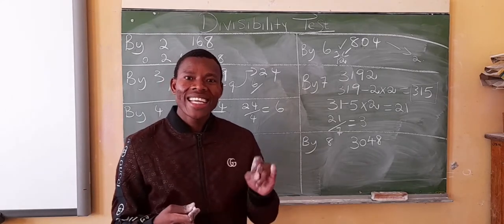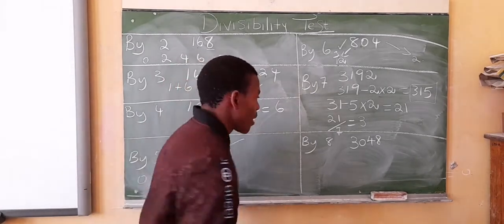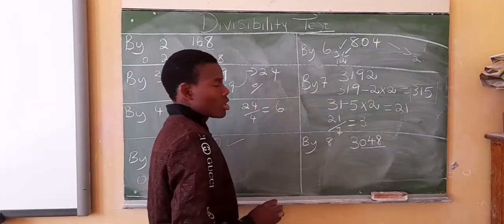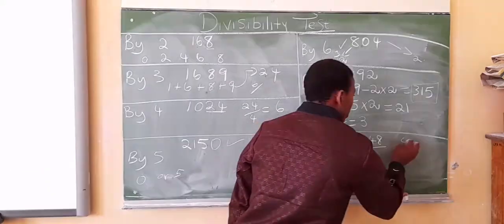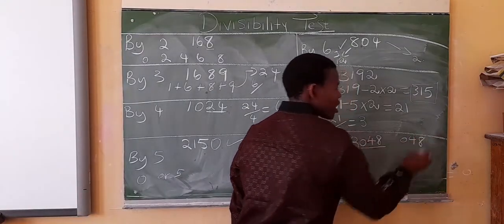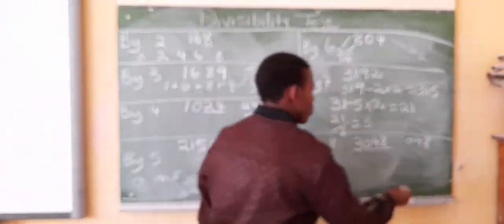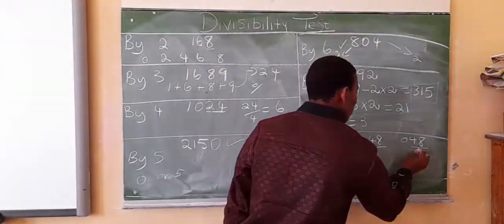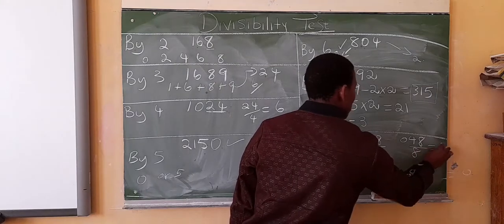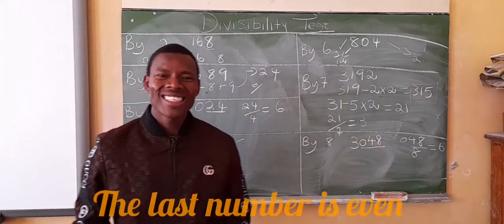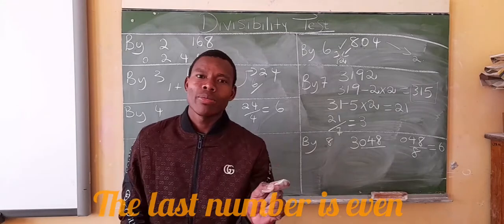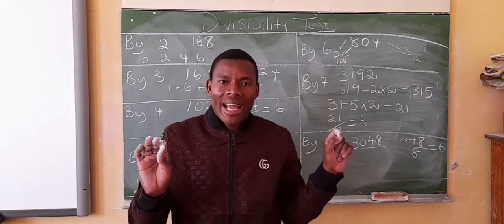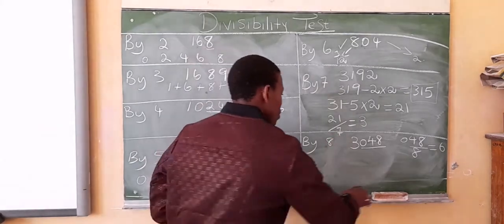Our last 3 digits are 048, which is the same as 48. Is 48 divisible by 8? Yes, because you just get 6. So if the last 3 digits are divisible by 8, then the whole number is divisible by 8.